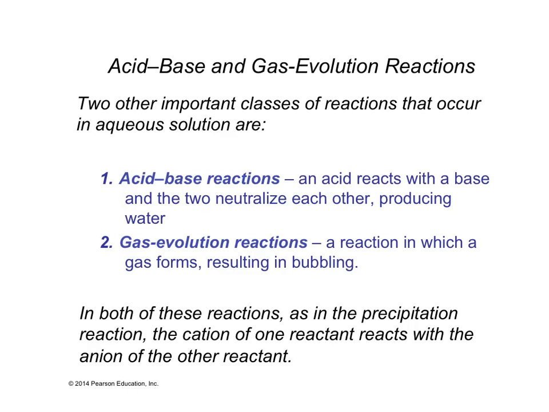Okay, so we're going to continue today talking about our reactions that occur in water, our aqueous reactions. Last time we talked about the first class of our aqueous reactions, which were precipitation reactions. Just as a reminder, all of these reactions are going to follow the exact same format.